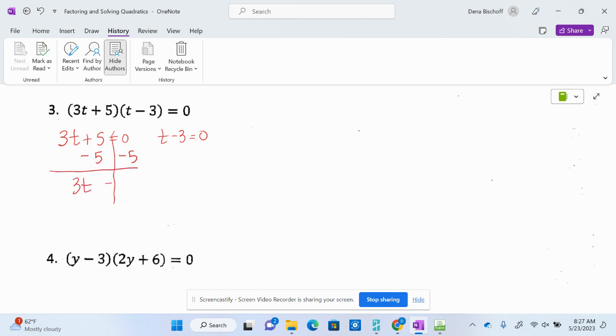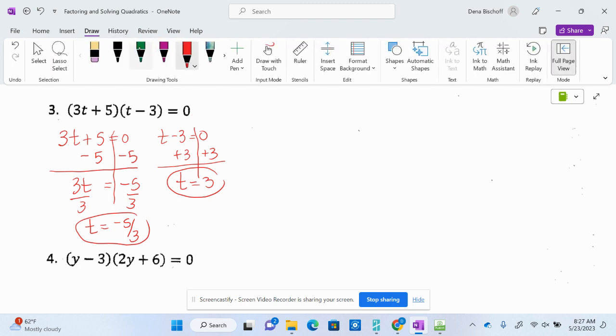So 3t equals negative 5. Then I'm going to divide both sides by 3. So I find out t equals negative 5/3. That's definitely a fraction. For the second one, I'm just going to add 3 to both sides. Perfect. t equals 3.